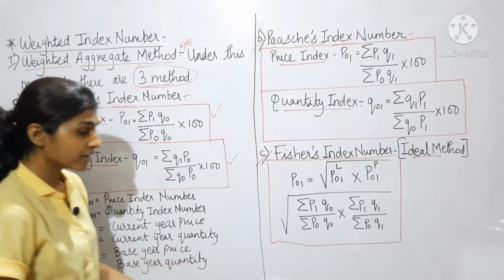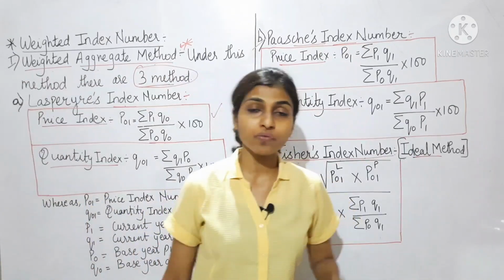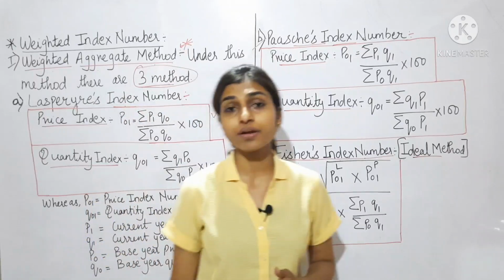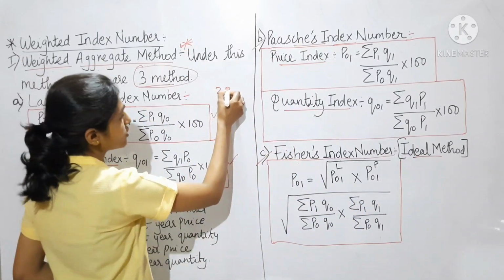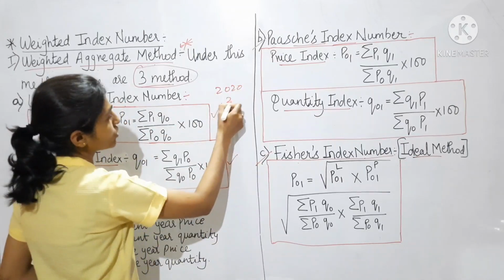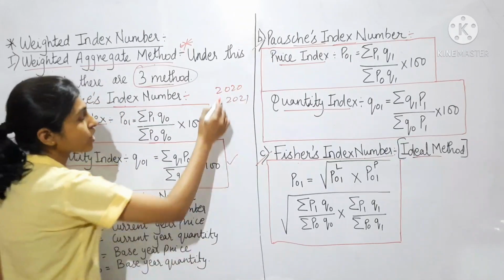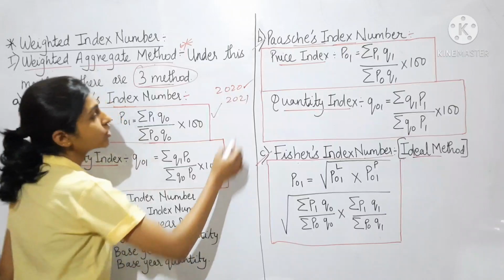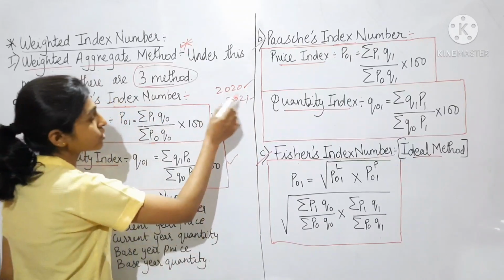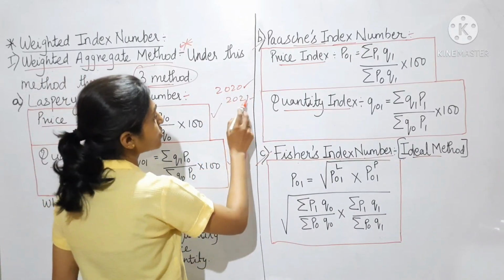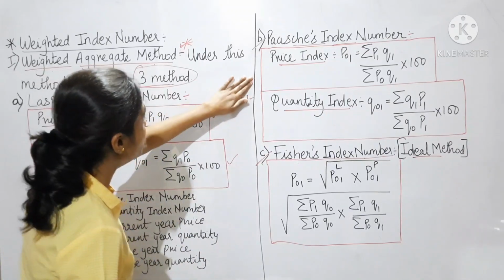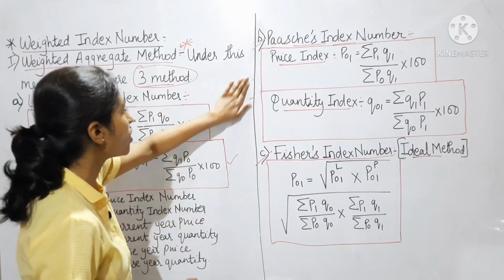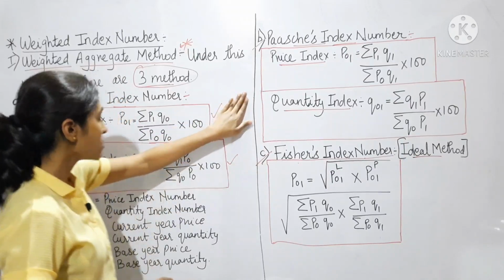As I said earlier, base year means the previous year, current year means the current year. For example, suppose 2020 and 2021. 2020 is the base year and 2021 is the current year. The previous year is called the base year and it is denoted as 0. The current year is denoted as 1.